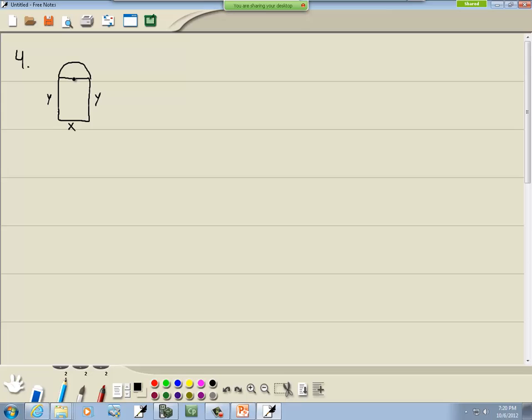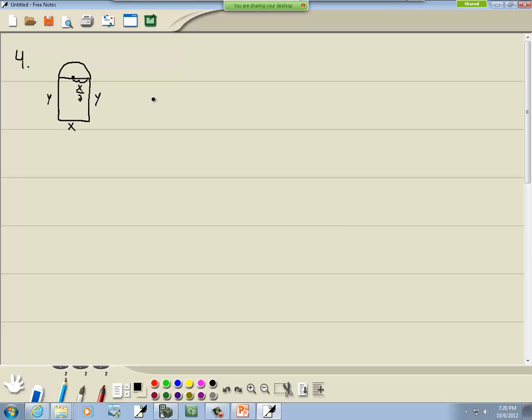And for our half circle, here's our center, and going out this distance here, this will be x over 2, because all the way across is x, so this is half of x.